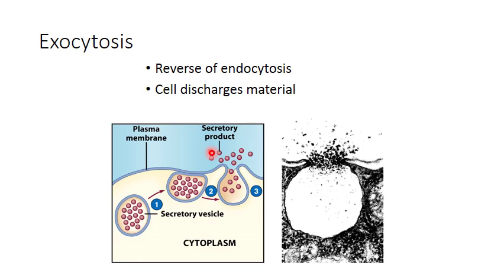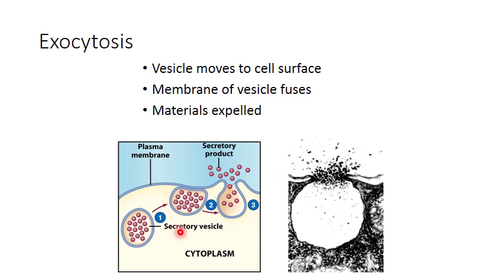Cells use exocytosis to secrete materials produced by the cell, such as hormones or proteins, or to release waste from food. Again, the vesicle moves to the surface, the membrane fuses to the vesicle, and materials are expelled outside of the cell. Here is an actual image of this happening.